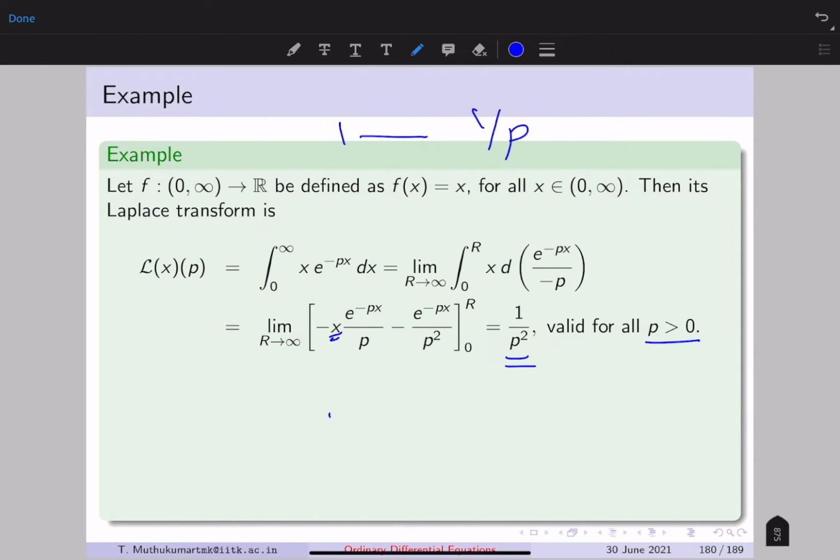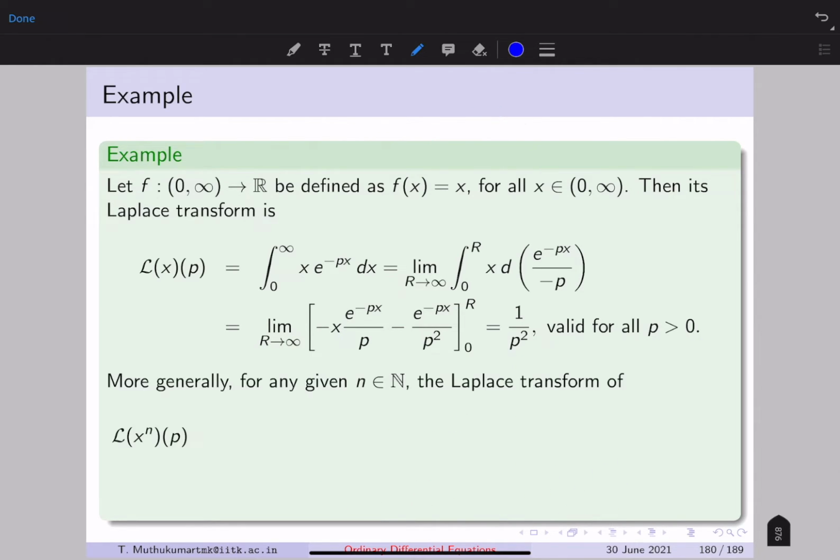Now for the function x, the Laplace transform turns out to be 1 over p square. Now what about x square, or let's say x cube, or more generally what about x power n? What is the Laplace transform of x power n? Let's see that.